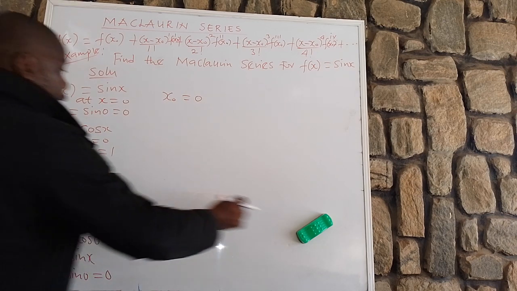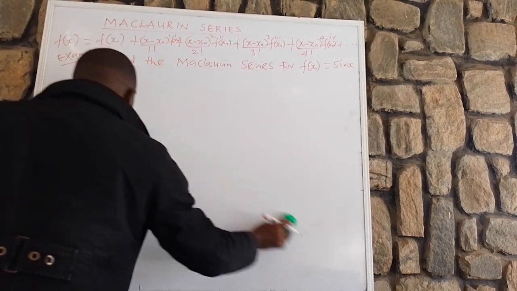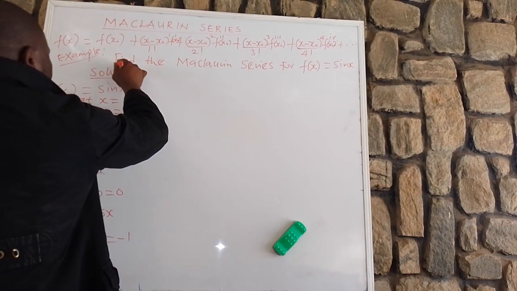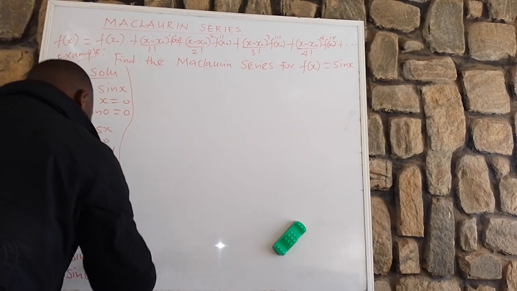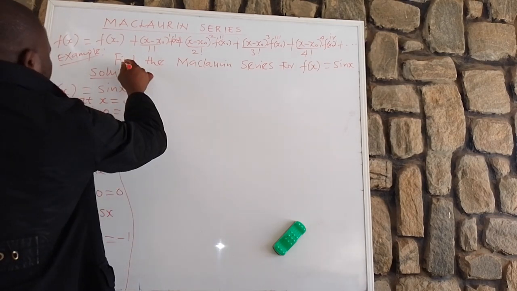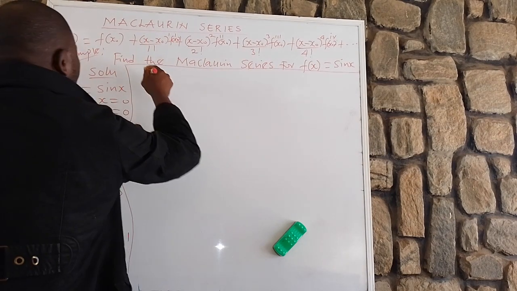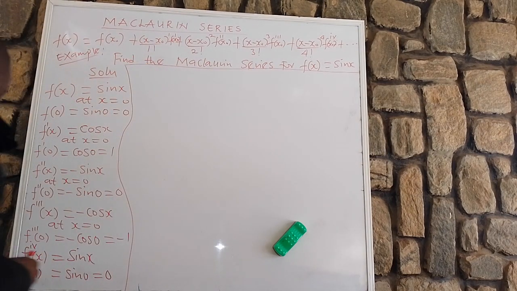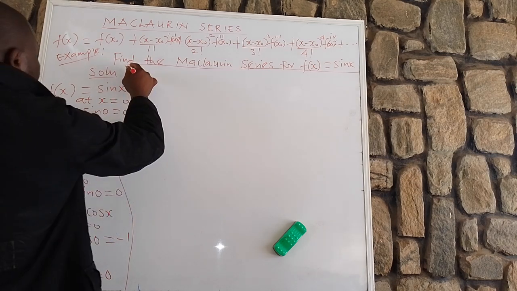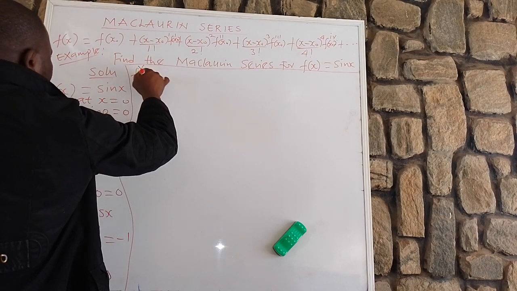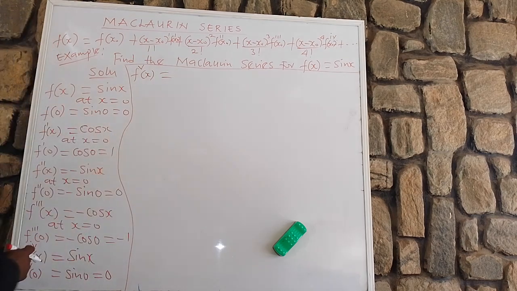Then let's consider, let us obtain our f fifth derivative of x. For us to obtain it, we are going to differentiate from the fourth derivative of x.